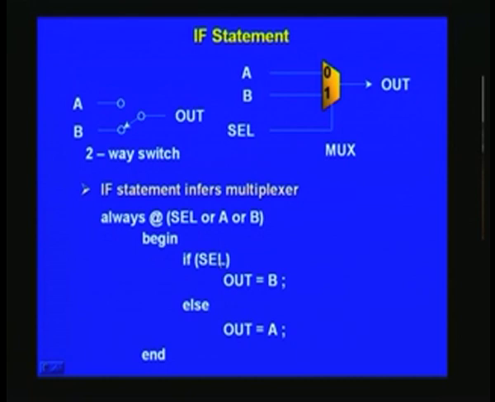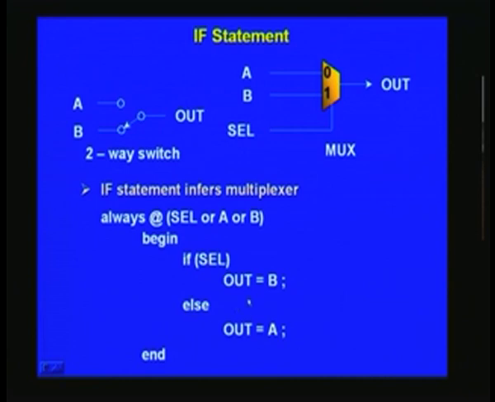As we said before, it should be as self-documenting as possible, so as to minimize your comments, which need to be at the bare minimum, explaining the modules rather than every statement that you have written, right. If select is 0, it will not process this statement, and this else will take effect, and out will be assigned A now.